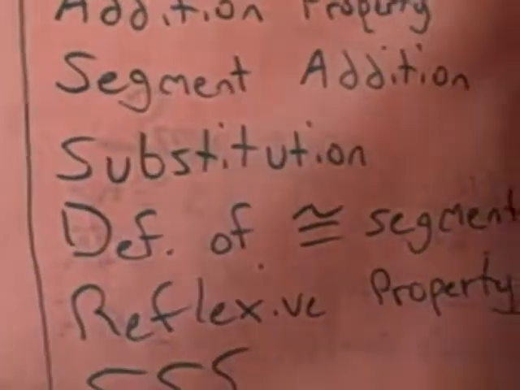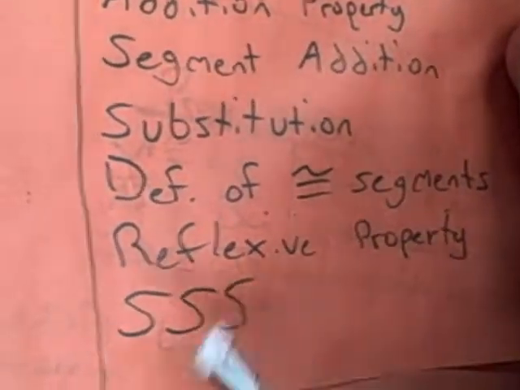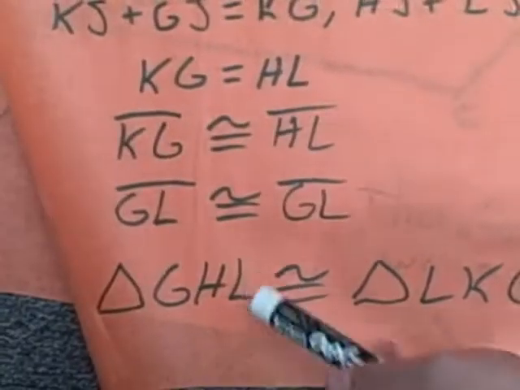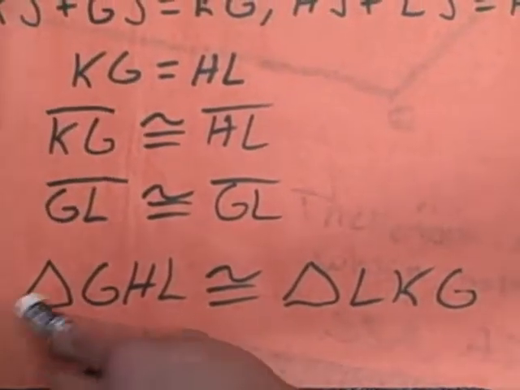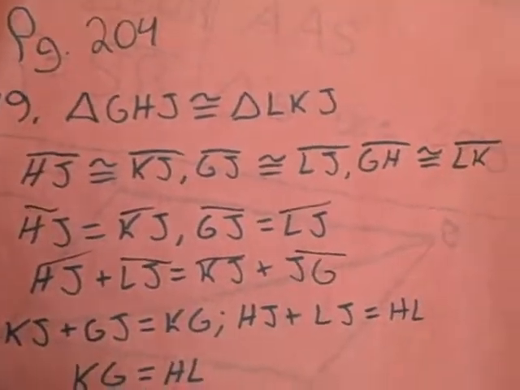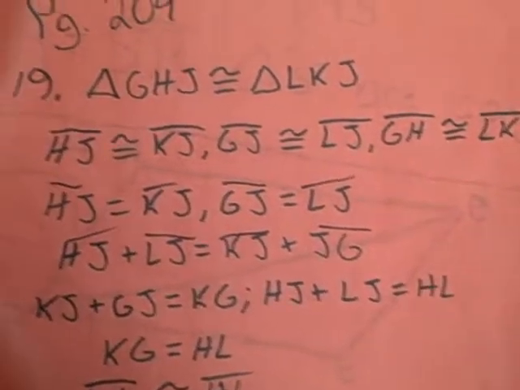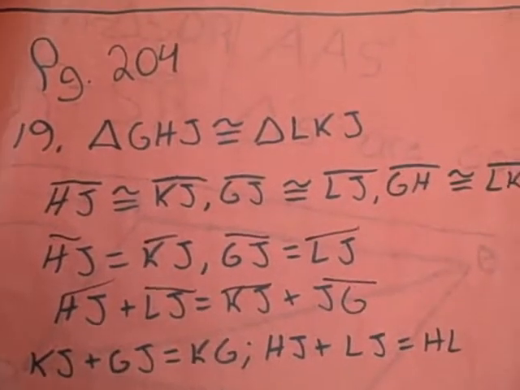Once again, segment addition, congruent segments. GL is congruent to GL. We all know that's the reflexive property because it repeats itself. And then triangle GHL is congruent to triangle LKG by side, side, side, because you have all these segments that are congruent in both triangles, and then you can add them up and they can be equal, and then you can substitute them in and they'll be equal to each other.